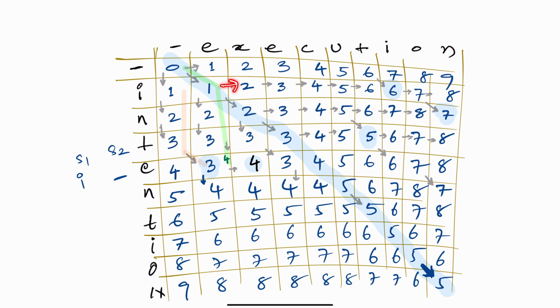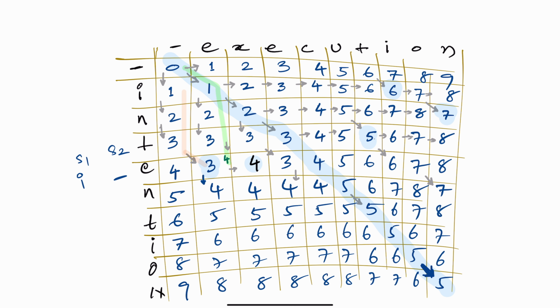That's the reason this is a right arrow. Right arrow is insert operation. So after replacing I with E, I'm going to insert which character? X. So the optimal solution for this one is 2. Now this was 1, plus 1 it is 2.